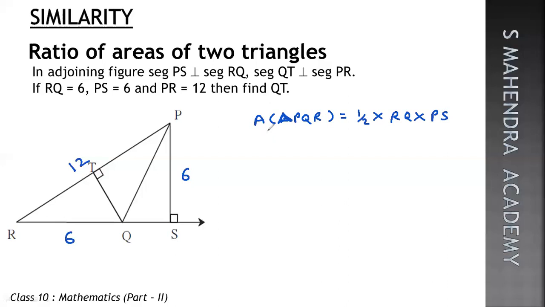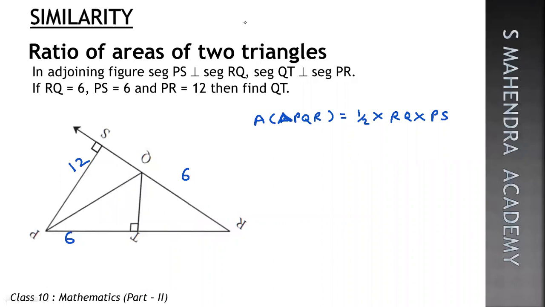So triangle PQR has area 1/2 into RQ into PS. Now if we flip this figure like this, then we will get the same triangle PQR. In this case, the height will be QT. Height is equal to QT.